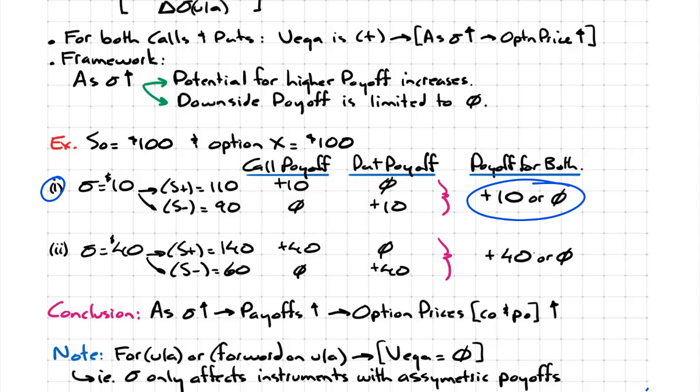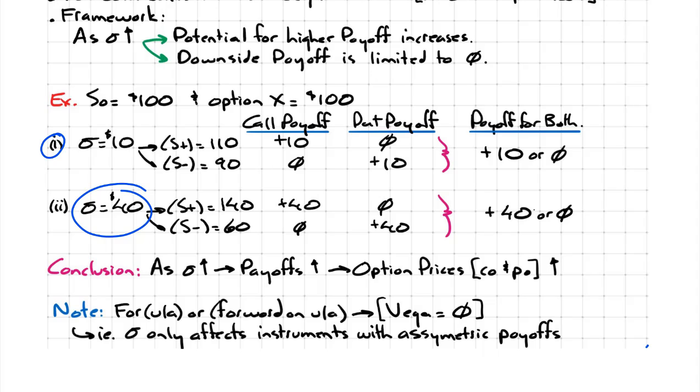But now let's see what happens as volatility increases to $40. So the price can go from 100 to 140, and so in the case of a call option, you would make $40 because here's an asset that's worth 140. You only have to pay 100 for it, so you make 40. On the other hand, it could drop 40, so it could go from 100 to 60.